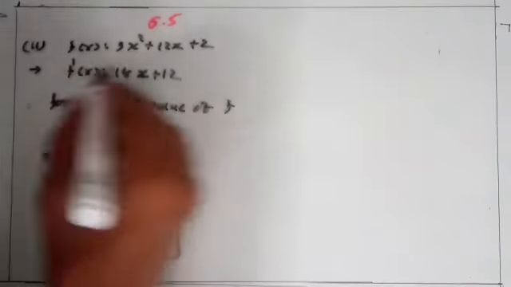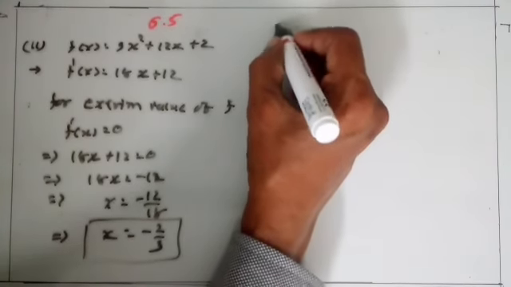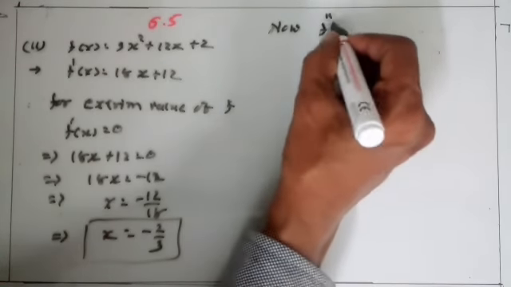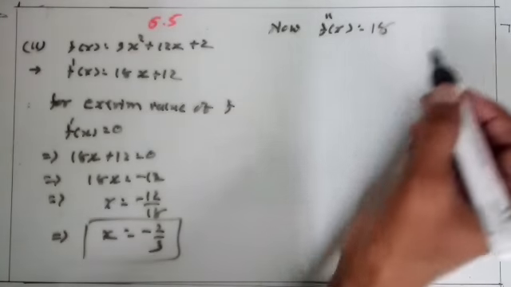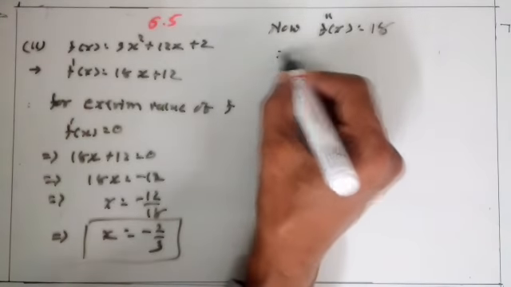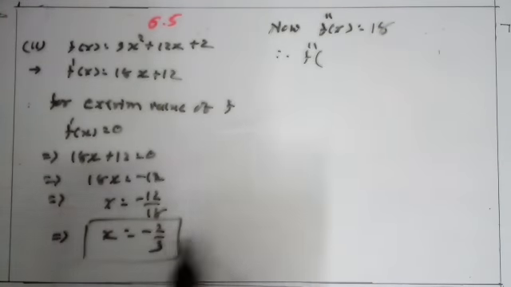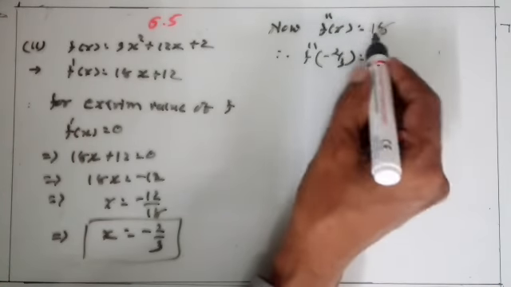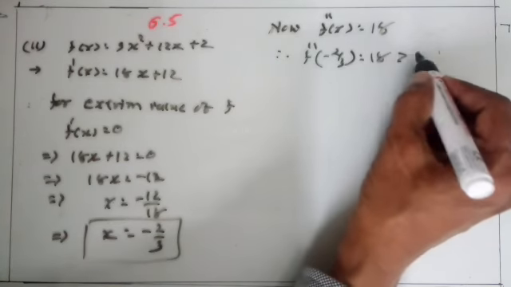Now get the second derivative from f dash x. Now f double dash x is equal to, from this here we get 18. Therefore f double dash at x equal to minus 2 by 3: the second derivative is already a constant function, so it is equal to 18, greater than 0.